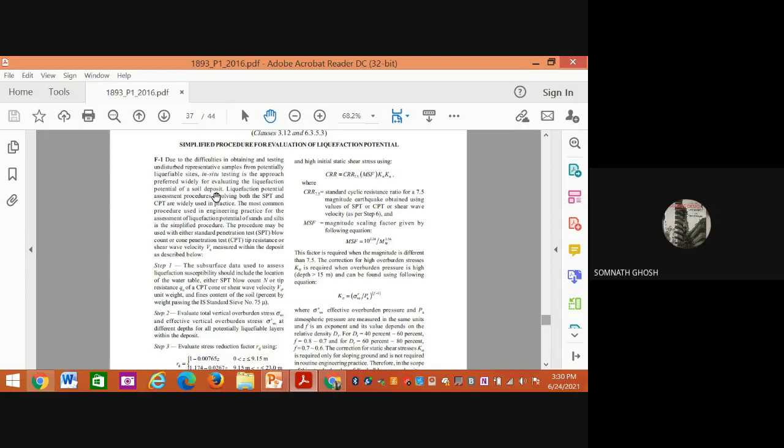That is the SPT, CPT, shear velocity, all these things we obtain from field tests. So they have mentioned here clearly, which I have already told you. Liquefaction potential assessment procedures involving both the SPT and CPT values are widely used in practice. Yes, because when I was in Nigeria, at that time, we used to use SPT, CPT both.